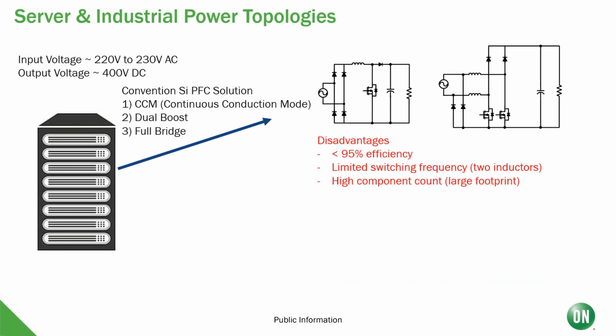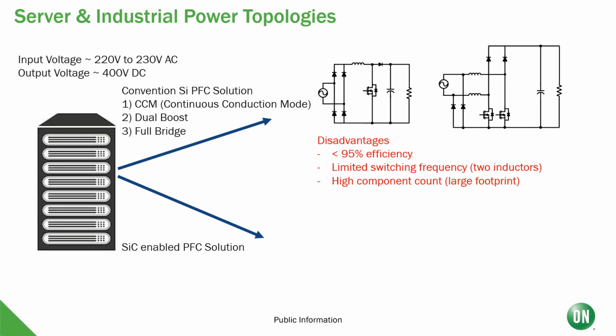Some disadvantages to this is that it is basically impossible to get above a 95% efficiency rating. You have limited switching frequency with 2 inductors, and you have a high component count, which creates a larger footprint.